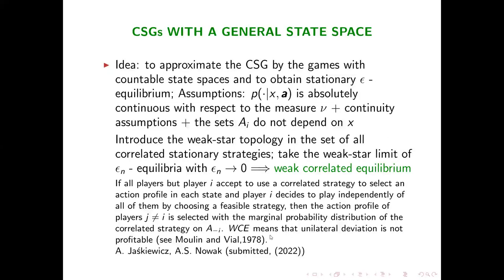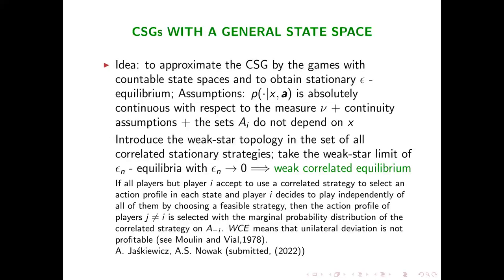So in other words, each player, before knowing the outcome of the lottery, must decide whether he will play according to the outcome of the lottery and commit himself to play this strategy, or say no, I'm going to play my own mixed strategy. And in weak correlated equilibrium, such a unilateral deviation does not pay off.